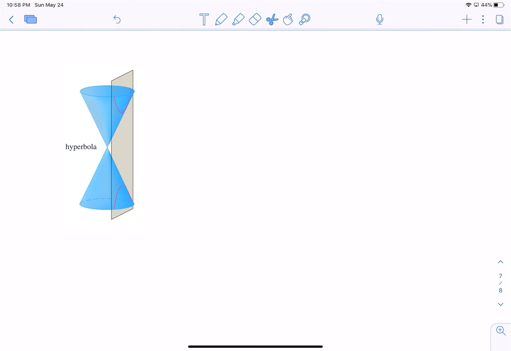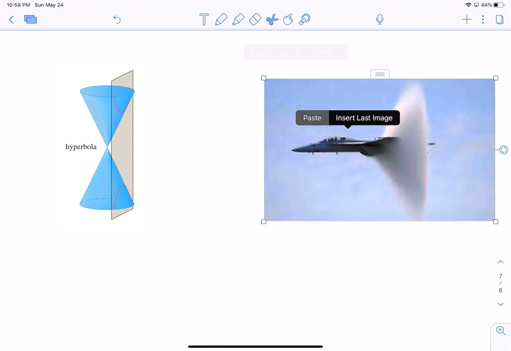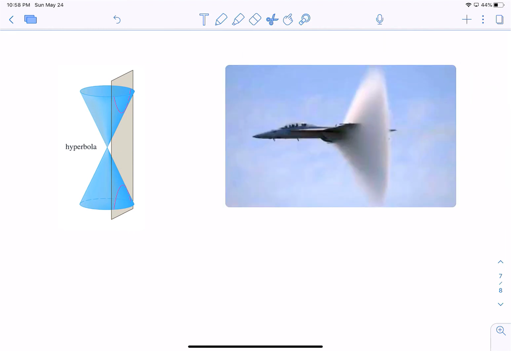The fact that we're slicing a cone in this way makes for a very interesting place to see where hyperbolas show up. Here we see a picture of a jet breaking the sound barrier. And you can see the waves of air collecting, and folks, they're doing so in the shape of a cone.